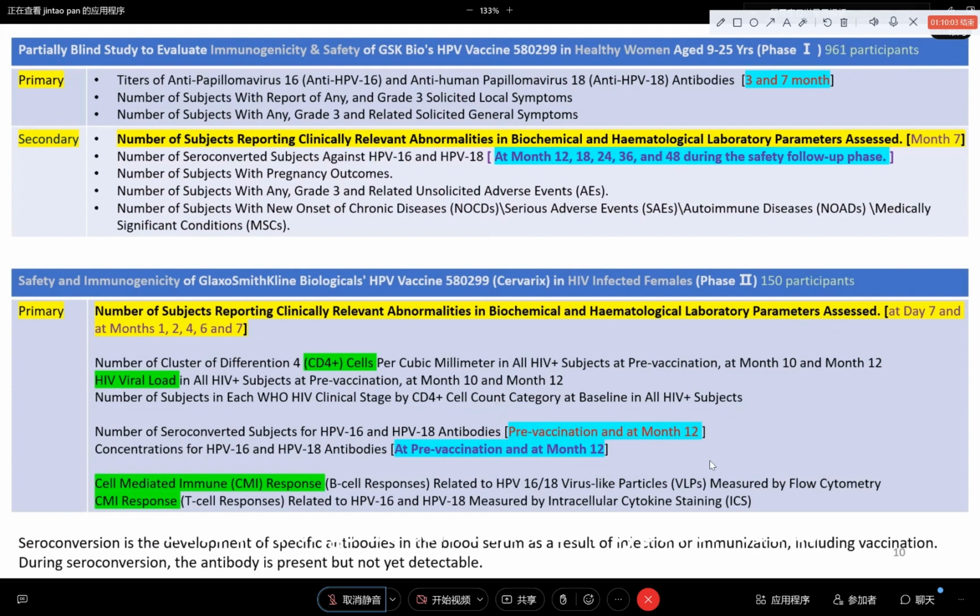Does all phase 2 come with two types of results? If you notice, Ian, phase 1 has primary and secondary results, while phase 2 here in this particular study has only a primary result.